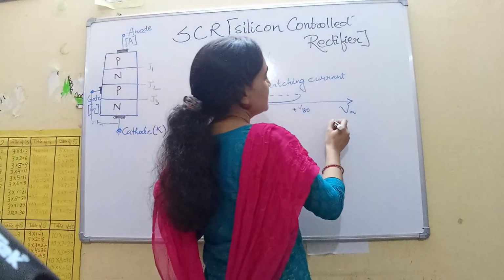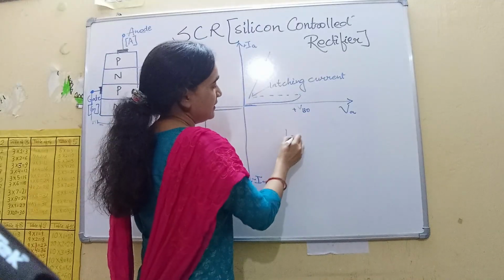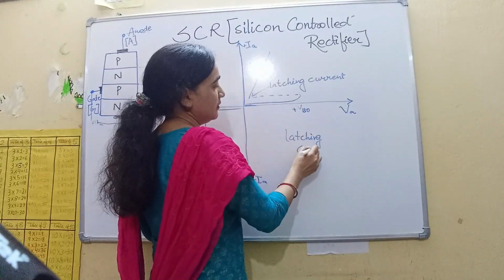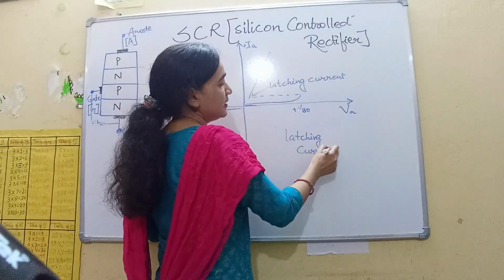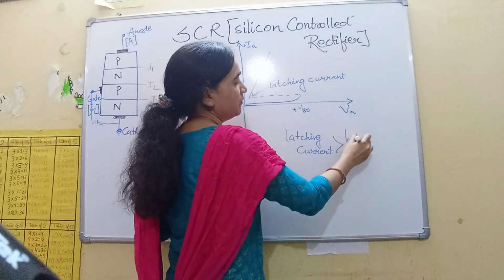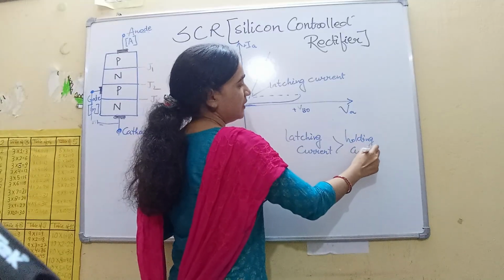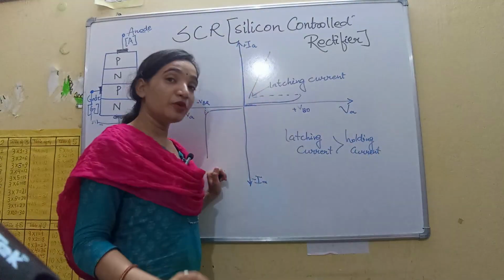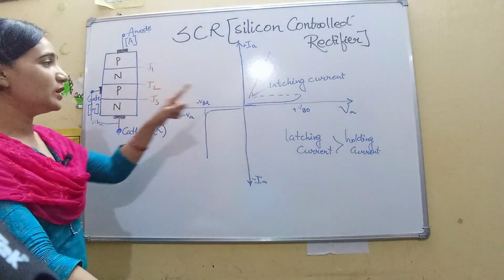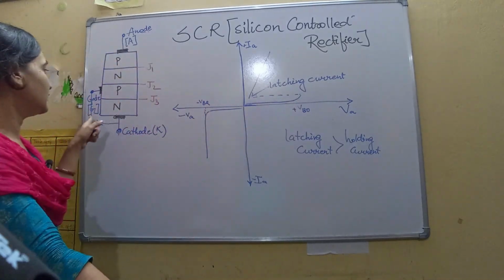So here if we see, the latching current is more than the holding current. Okay, and here one more thing we need to discuss is, here we applied the positive trigger.